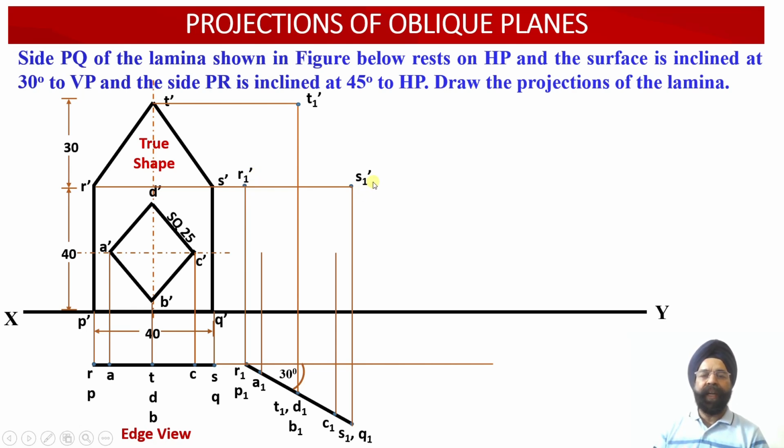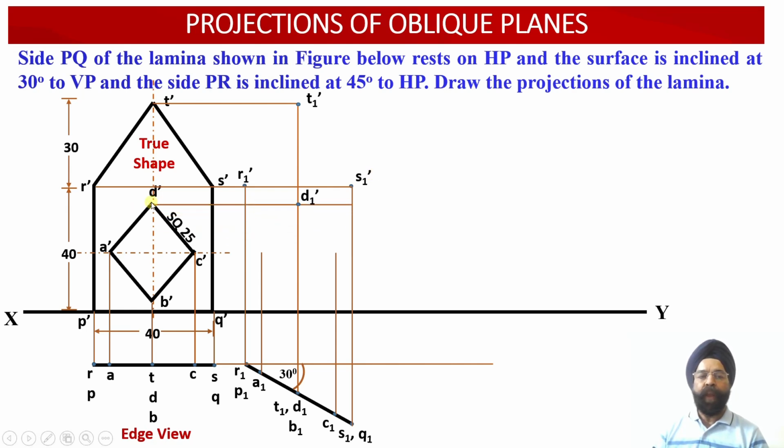Similarly, the S1 dash point is the result of the intersection of the vertical perpendicular projector drawn through the point S1, and the horizontal projector line which we have drawn through the point S dash over here. So this way, the intersection of these two projection lines has provided us with the location of the point S1 dash in the elevation projection view.